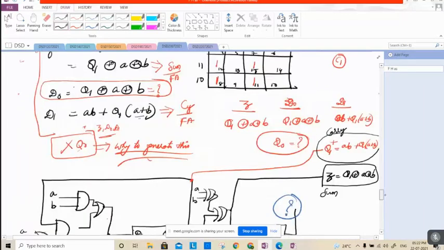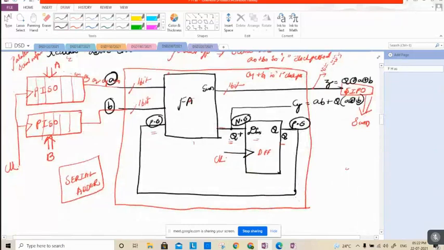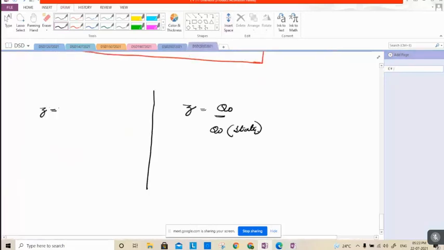Q1 XOR A XOR B. So here this is a function of both state plus inputs, or clearly Z is a function of present state and present inputs.